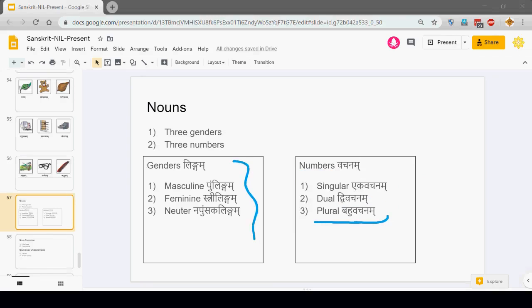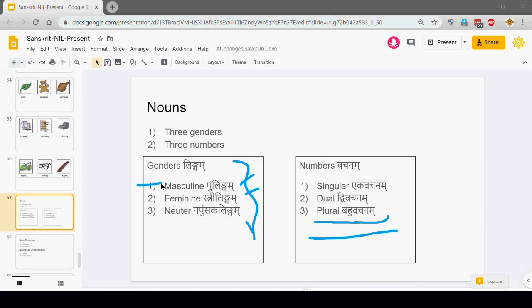But the linga is different. Vachanam is different. So a word which represents an object can be one of the three lingas, right? Pullinga, Strilinga or Napunsaklinga, as we saw before. For the bed, Paryankaha is a Pullinga or masculine gender.